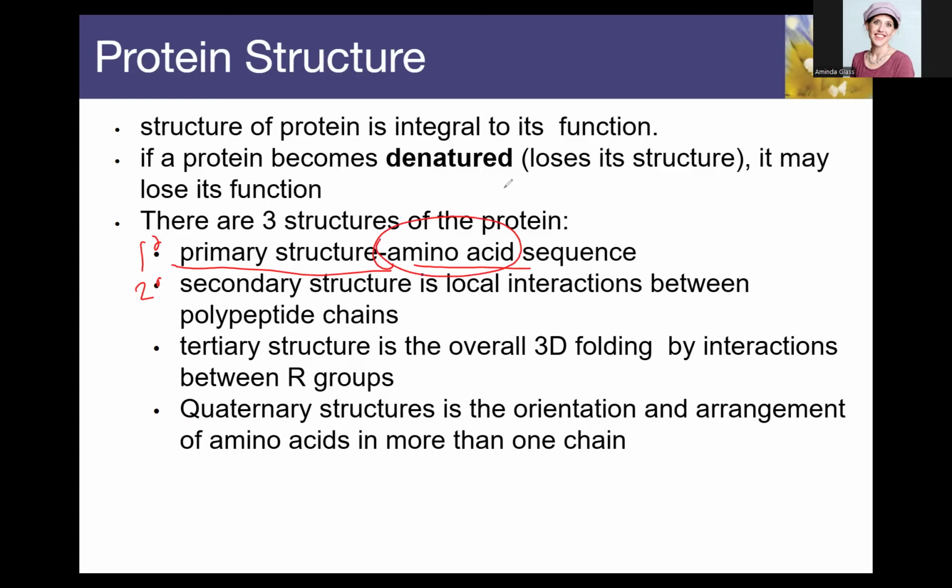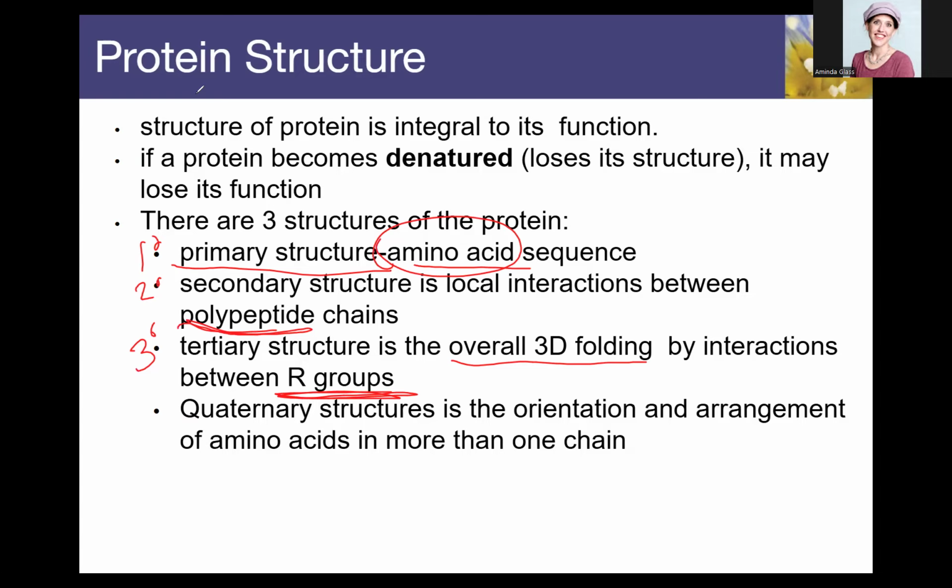What's there? Okay, I'm sequencing. Now you start getting those peptide bonds and interacting, forming the polypeptide chains. Your tertiary structure is the overall 3D folding by interactions between the R groups, those alkyl groups.